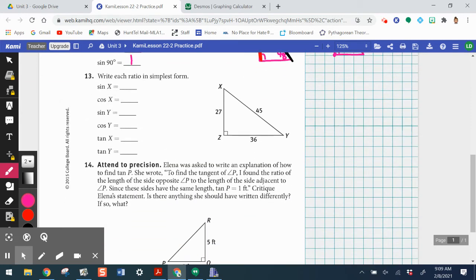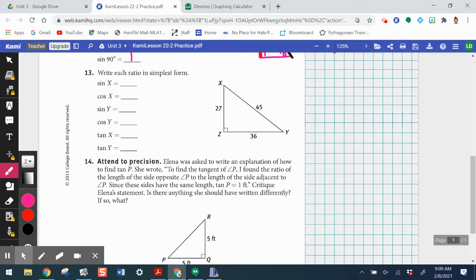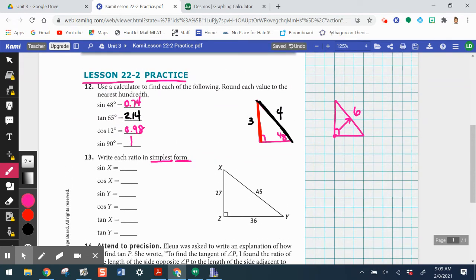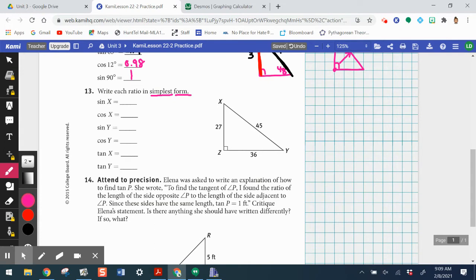Now let's take a look at item 13, writing each ratio in simplest form. That's very different than writing it in decimal form, rounding each value to the nearest hundredth. We are writing it in simplest form. So looking at x initially as our indicated angle, this is the sine of x. Opposite of x is 36.